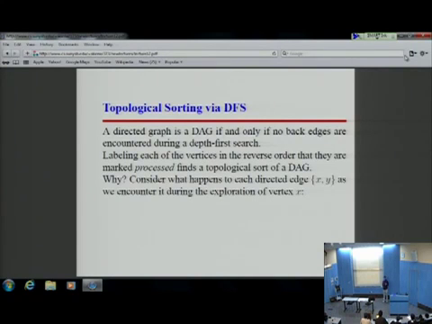Does everybody see this? Now that I've got the in degree, what should I now do to find an in degree 0 vertex? How do I find a vertex of in degree 0? Okay, you could search the degree list. I go through this array. Which one is 0?